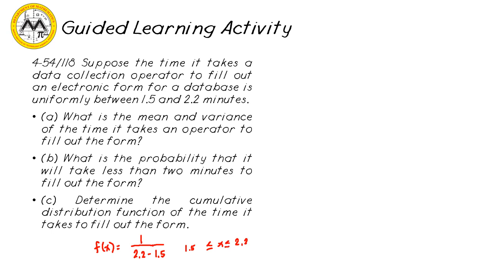So this can be simplified as f of x is equal to 10 over 7 for x in between 1.5 and 2.2.